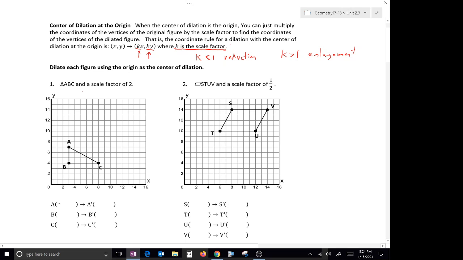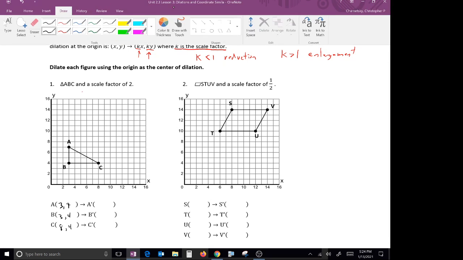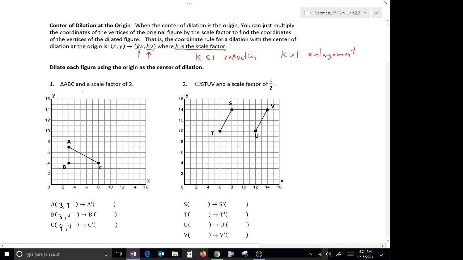So A is at 3, 7. B is at 3, 4. And C is at 8, 4. Now our scale factor equals 2.